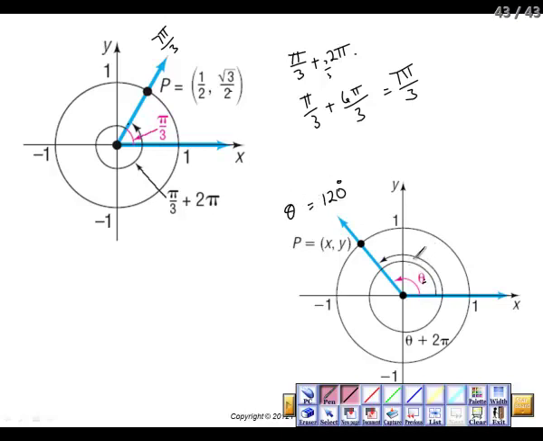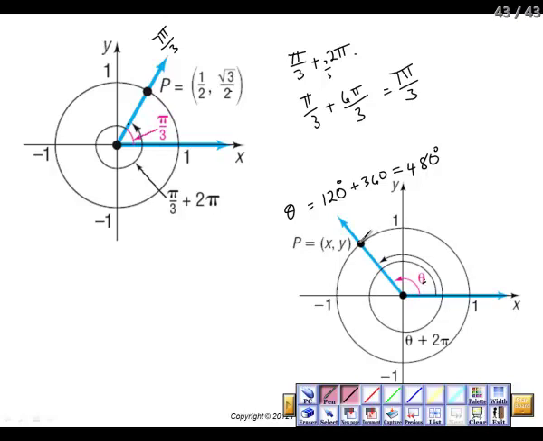Now if we were to go 1 whole revolution around and then 120 degrees, that would be 360 plus 120, and that would be 480 degrees. So we could say that 480 degrees and 120 degrees are coterminal with each other.